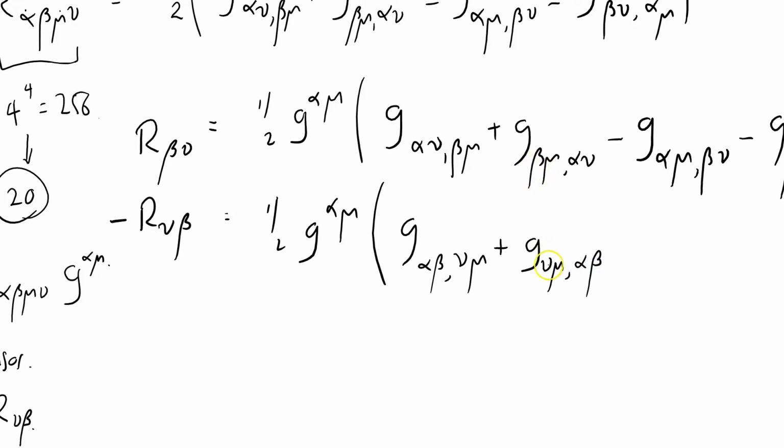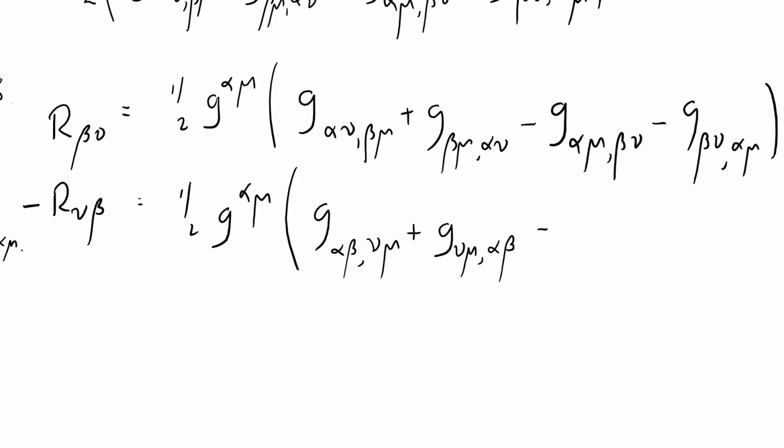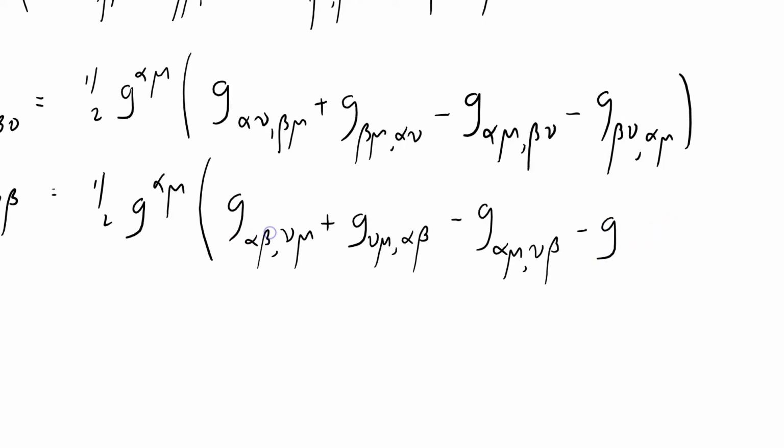What was beta is now nu. What was nu is now beta. Minus g alpha mu comma nu beta minus g nu beta comma alpha mu.